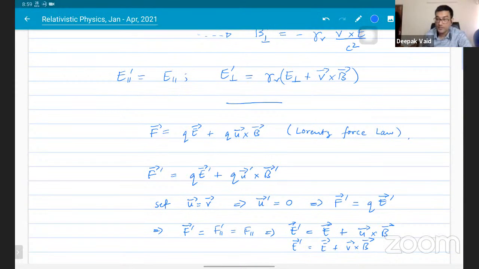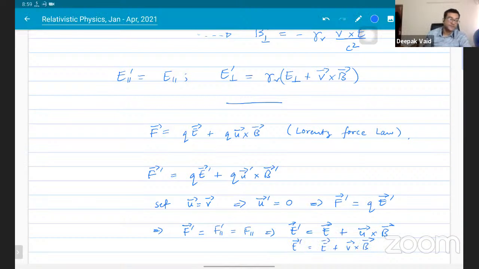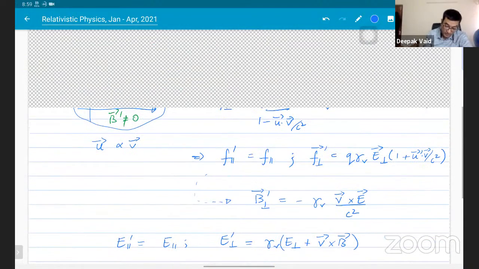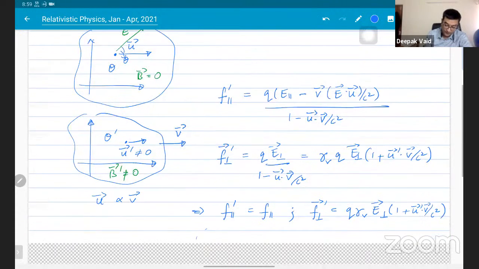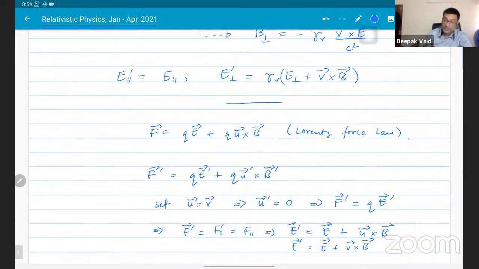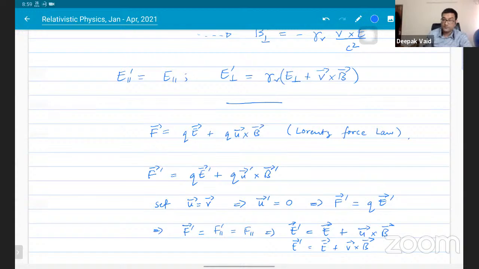But we know that this transformation is not relativistically correct, because it tells us that we don't get this expression. We don't get the Lorentz dilation of the perpendicular component of the electric field, right? Whereas we know that the perpendicular component of the electric field is dilated. But this expression does show that we get this V cross B term, right?